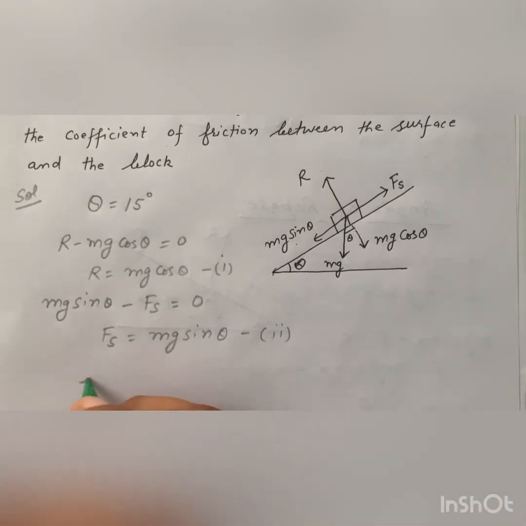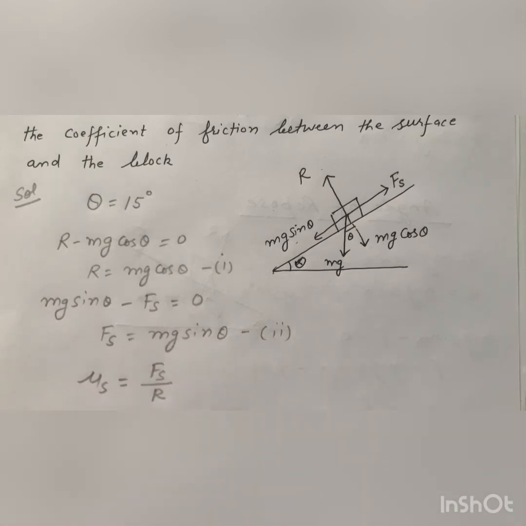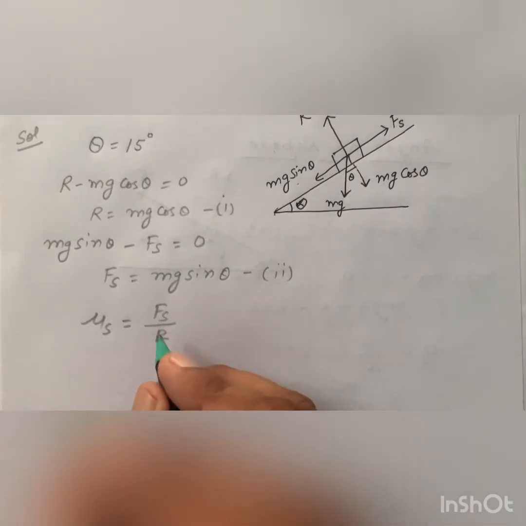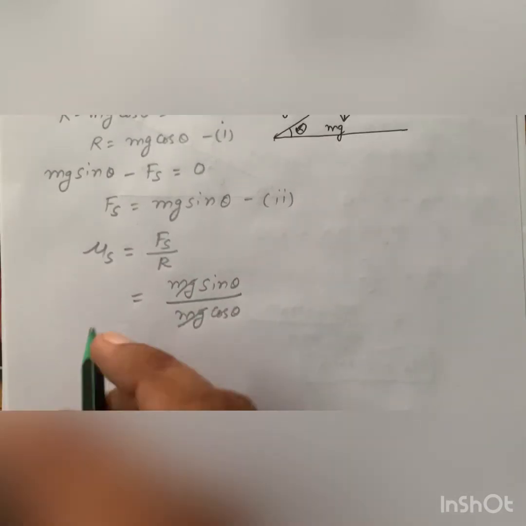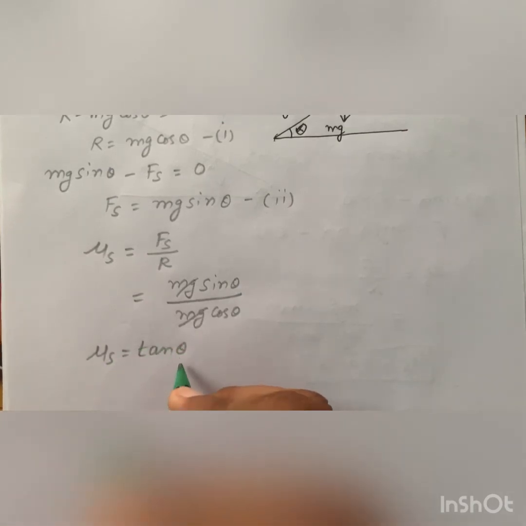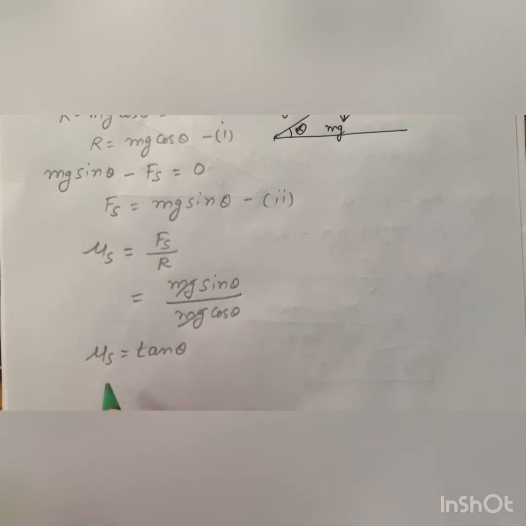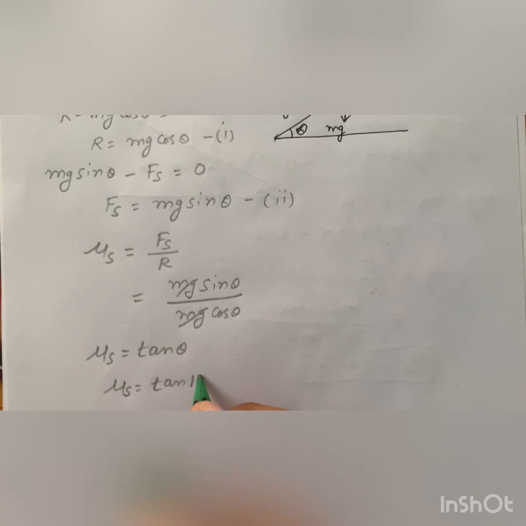Now we know that coefficient of static friction is Fs over R. Put the value of Fs and R. Fs is mg sin theta and R is mg cos theta. mg cancels, so we have mu s equal to tan theta. Theta is given as 15 degrees, so mu s is equal to tan 15 degrees.